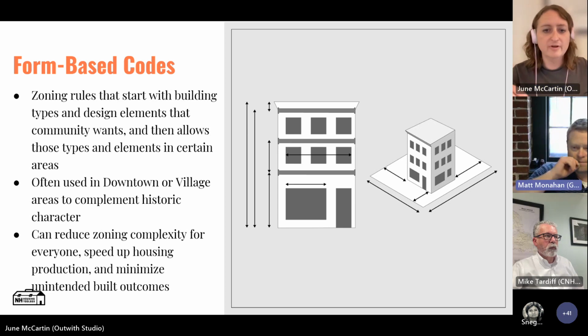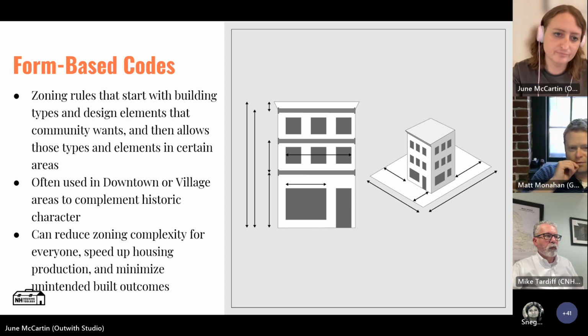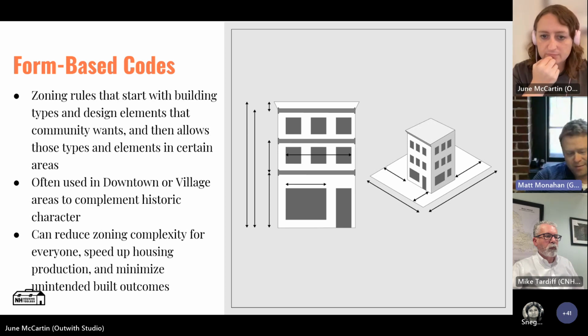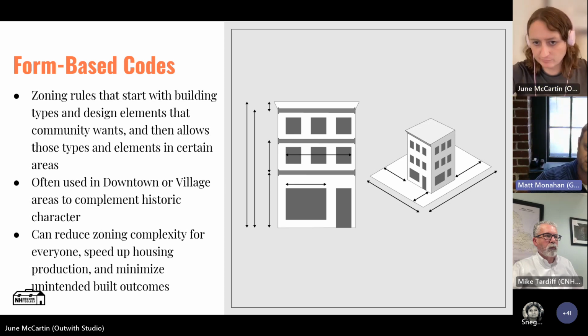Oh, yeah. And one last thing to add to that is, yes, it typically is not really concerned with use, but as with any of these tools, you can shape it and craft it to your community. And you may want to talk about a couple of uses that you want to encourage or discourage in those areas.